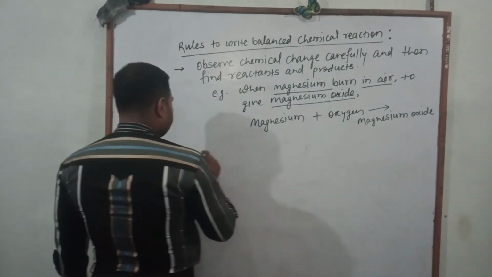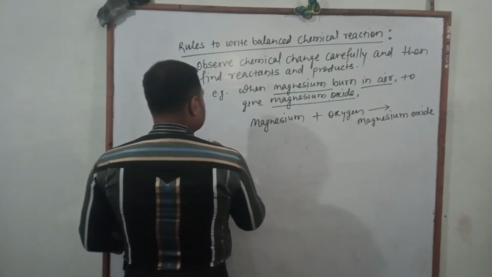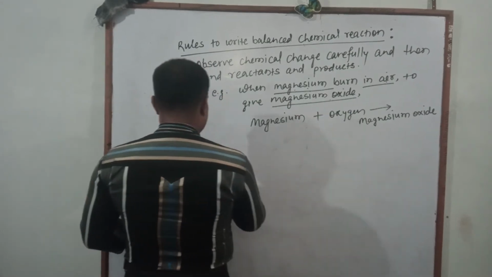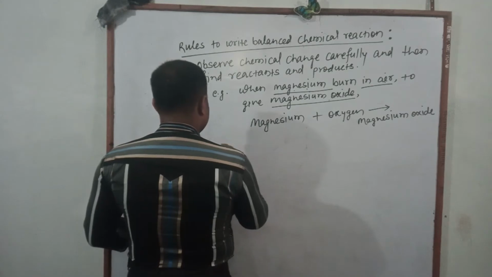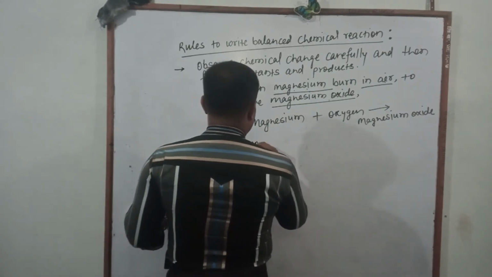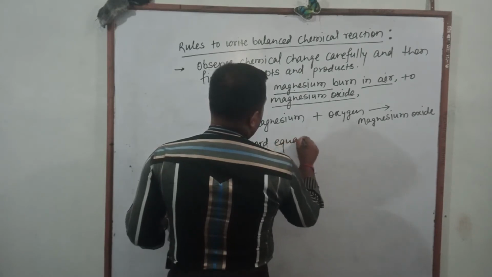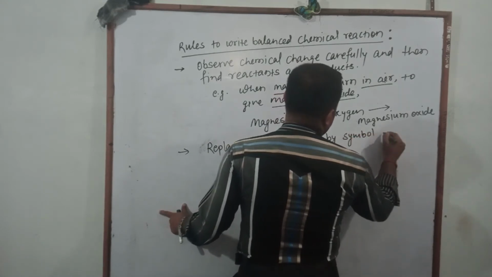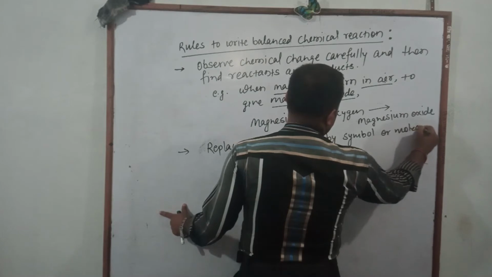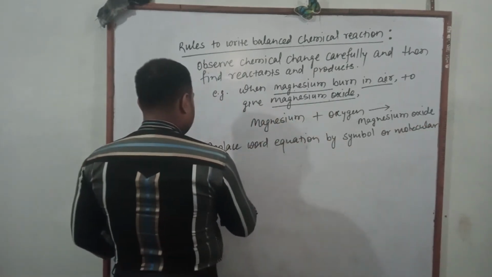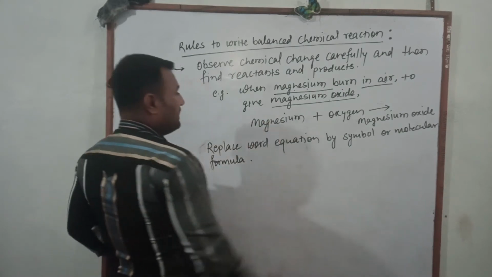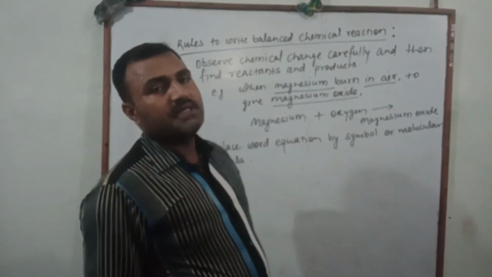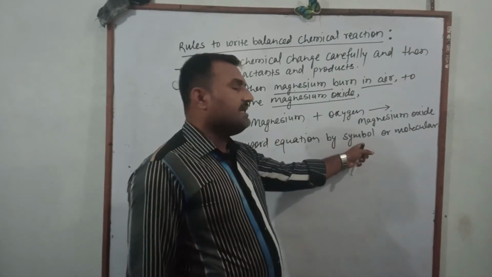The next step is to replace the word equation by symbols or molecular formulas. In the given chemical change, if an element or atom simply takes part in the chemical reaction, then we replace it by its symbol.